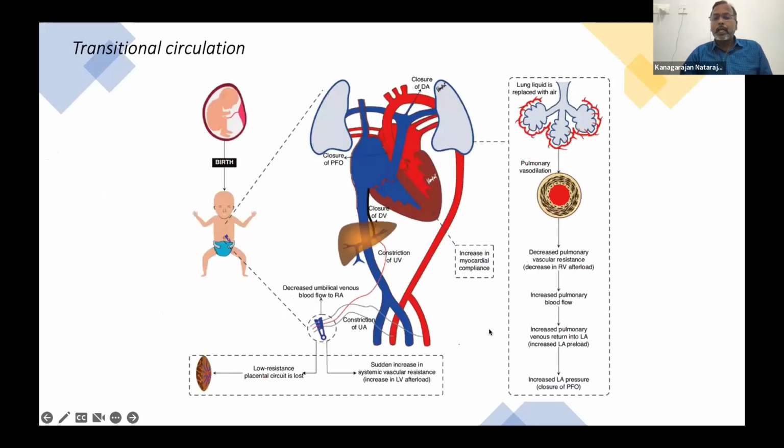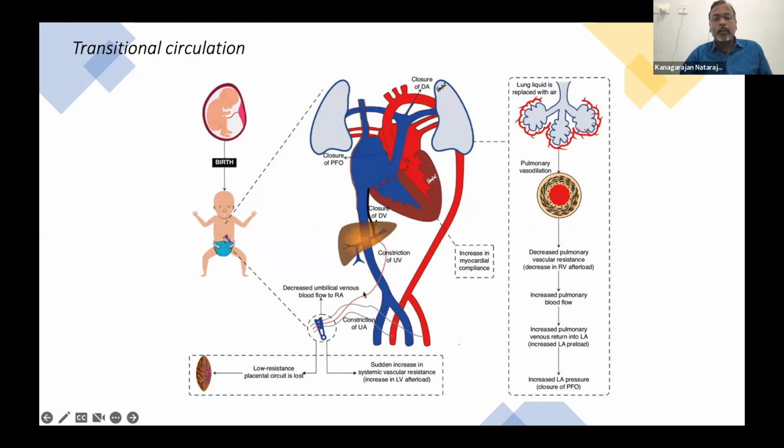Now put it all together. Look at the lungs first. The lungs are initially replaced with air. So you get pulmonary vasodilatation, decreased pulmonary vascular resistance, then increased pulmonary blood flow, increased pulmonary venous return to the LA, then increased LA pressure, which closes the PFO. On this side, immediately after birth, you have decreased umbilical venous blood flow to the right atrium.